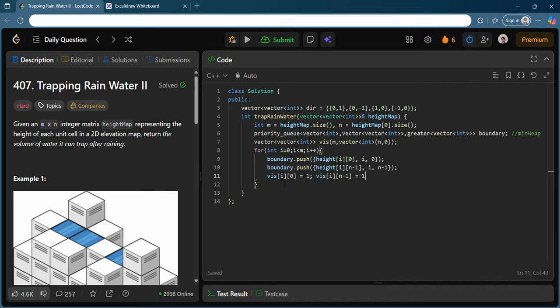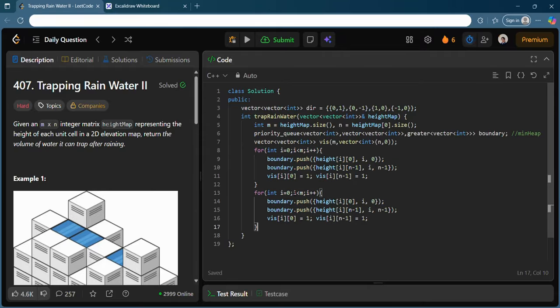Okay, so I hope this will be trivial and easy to understand. I will just copy the same thing and do it for the other loop, and this time my iterating variable, just for symbolic purposes, will be j. It will go till n minus 1, j plus plus, and my height will also be this m minus 1.